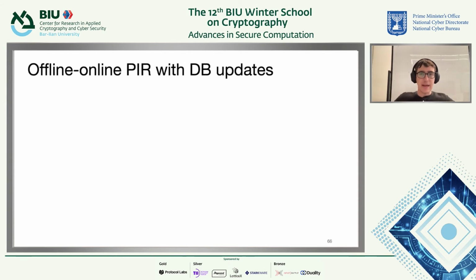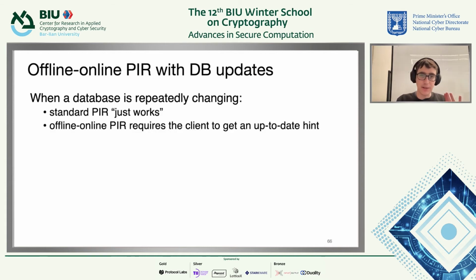Okay. The next thing I want to talk about is how to handle database updates. It's also something that someone asked in the previous hour: what happens if the database changes? First of all, this question doesn't arise for normal PIR without pre-processing, without an offline phase.